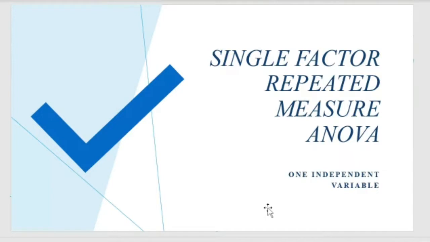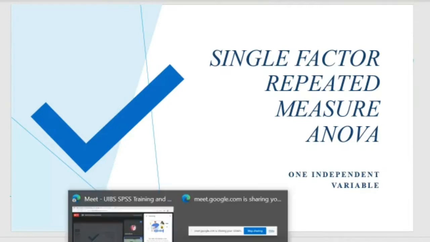It can be 3, it can be 5, it can be 100. But they are repeated, meaning the same participants are there in each level. So we are going to use single factor repeated measure ANOVA for such a design. Any question? No. So single factor means one IV, and repeated measure means we are taking the same participant in all conditions.